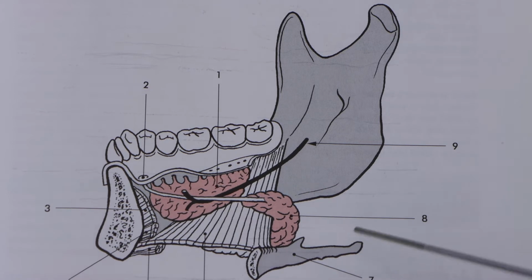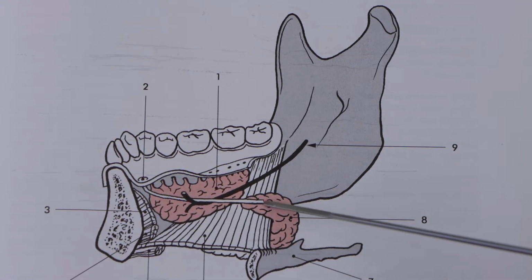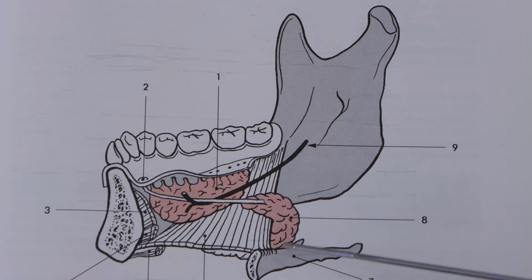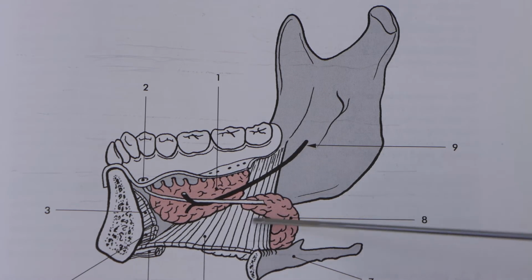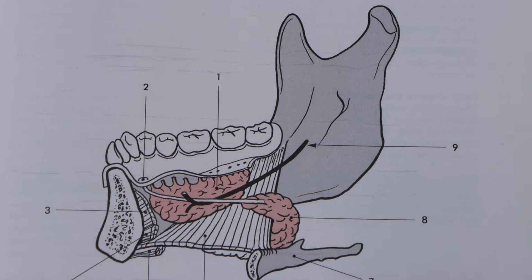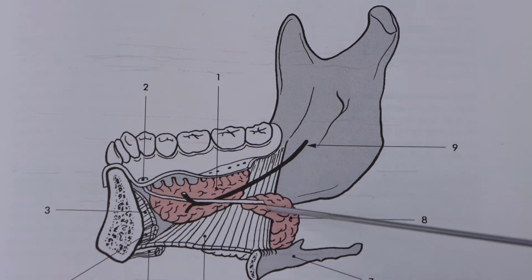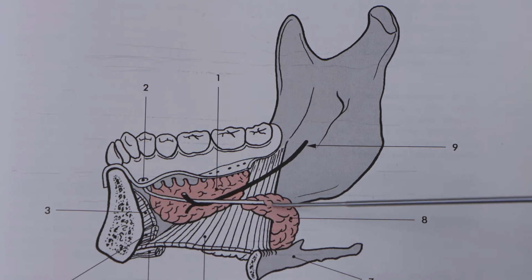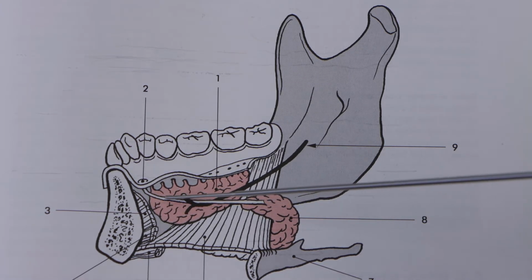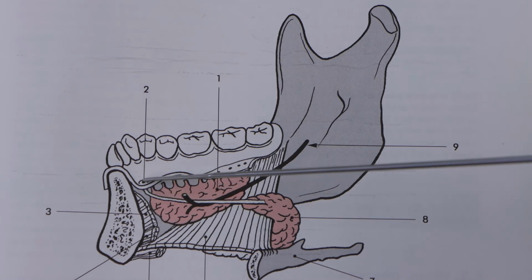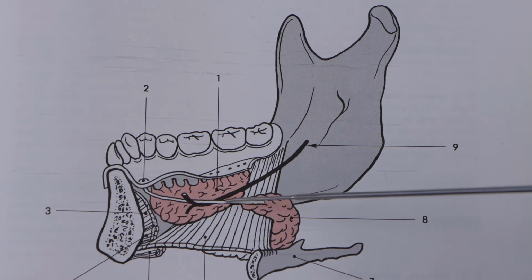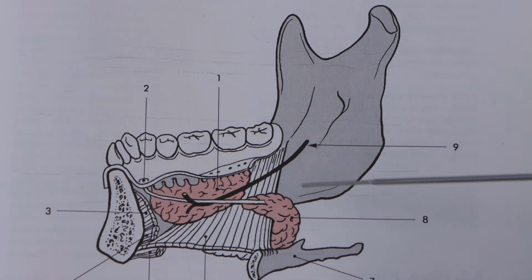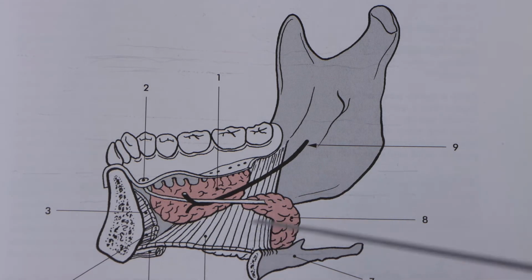Here in this picture, you can see the anterior process of the submandibular gland, turning at the posterior margin of the mylohyoid muscle, and it reaches the space which is called the sublingual space, and from this place it's sending its duct, the submandibular duct or Wharton's duct, to the sublingual caruncle here.